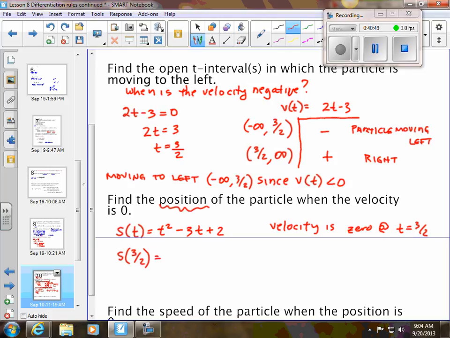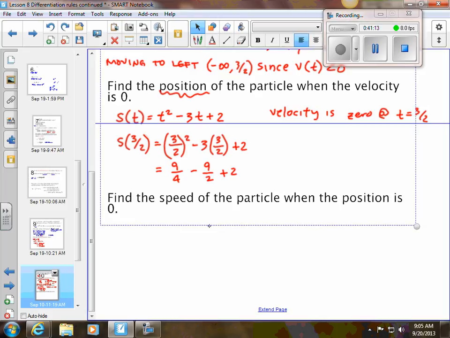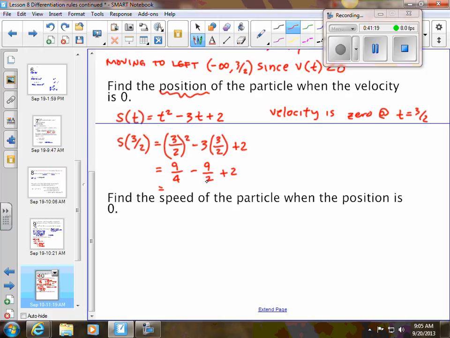Okay? So that's going to be 3/2 squared minus 3 times 3/2 plus 2. 9/4 minus 9/2 plus 2. 9/2 is 18/4, so 9/4 minus 18/4 is negative 9/4 plus 8/4 is negative 1/4.